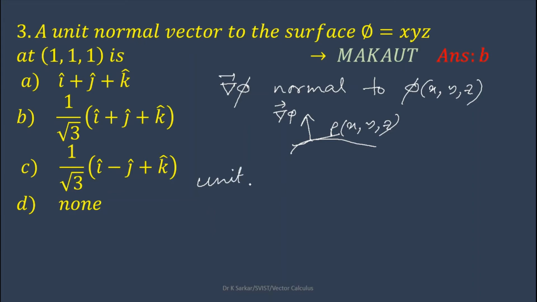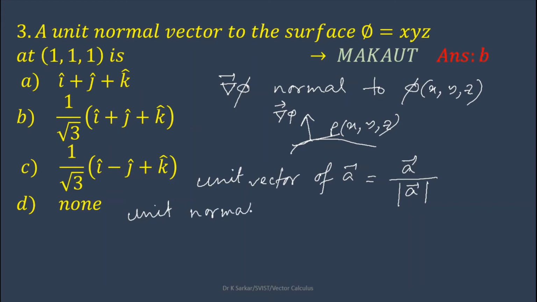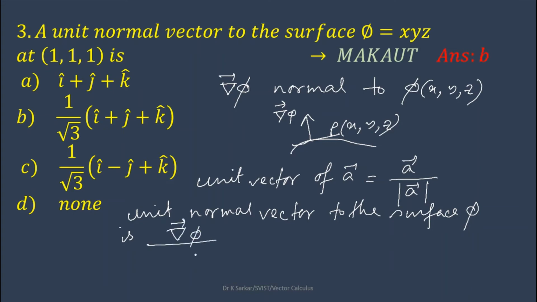Unit vector of A is vector A divided by mod vector A. So unit normal vector to the surface phi is grad phi divided by mod grad phi. Okay, so you can do it yourself now.